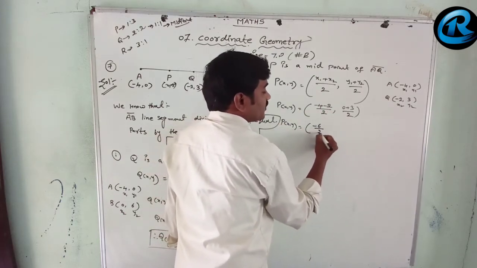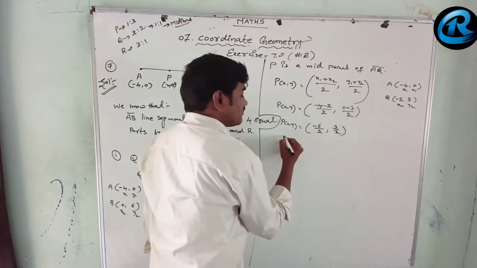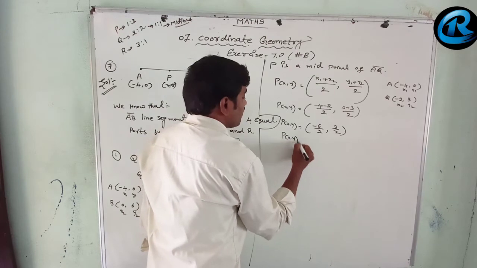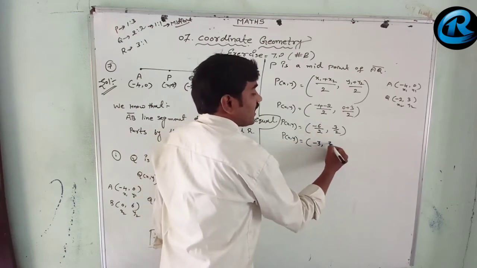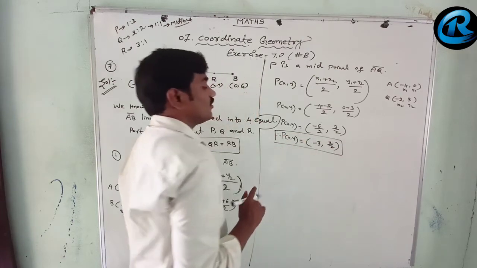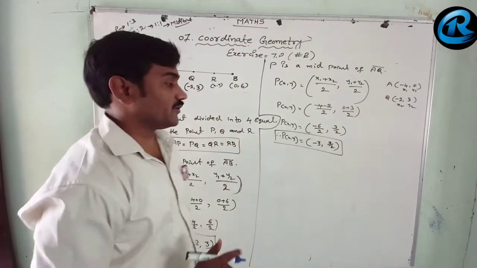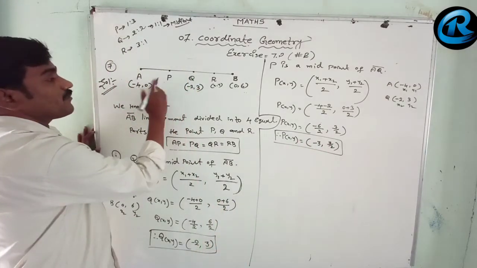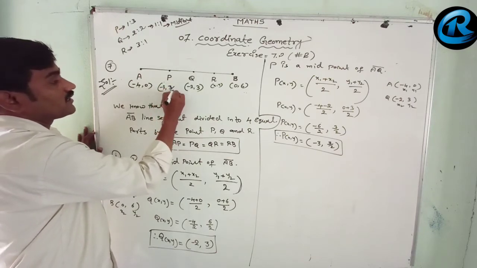That is minus 6 by 2 and 3 by 2, which simplifies to minus 3 and 3 by 2. So we got the P point as minus 3 comma 3 by 2.